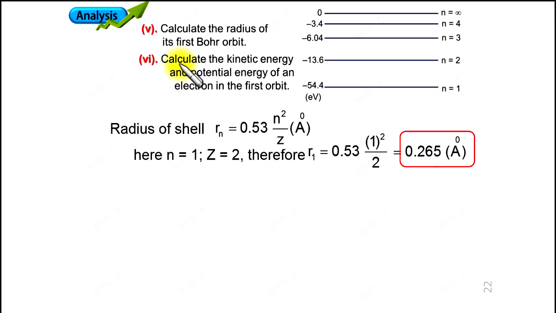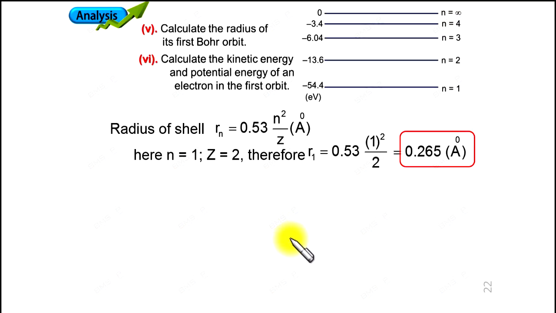Now, for the sixth part, we need to calculate the kinetic energy and potential energy of an electron in the first orbit, right. We know the magnitude of the kinetic energy is equal to the numerical value of the total energy, and more appropriately we can write kinetic energy equal to minus E, that is minus of the total energy.